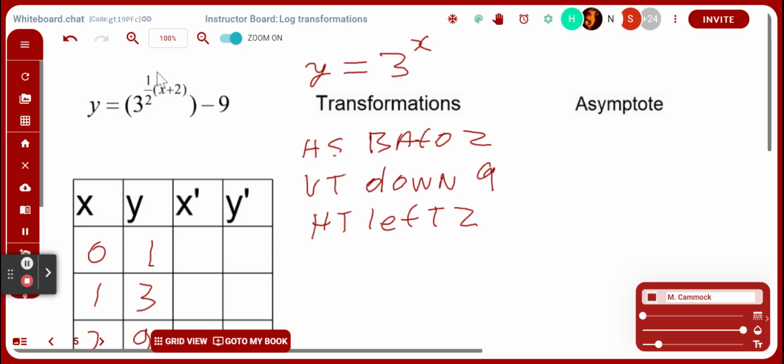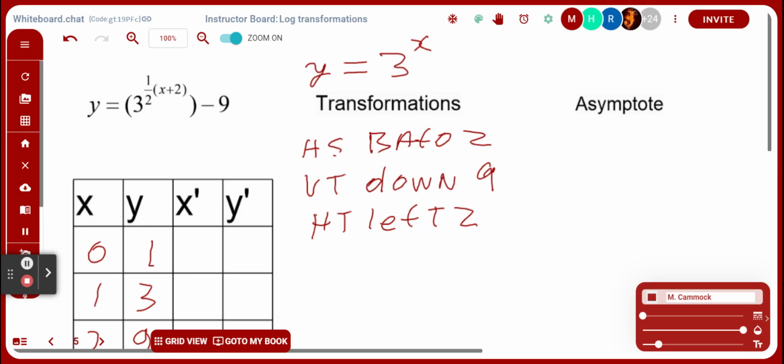Okay, let's get to the asymptote now. Now you're probably wondering, well, the last time it was whatever made the log 0. Well, it's not the same thing this time. The asymptote actually comes from, first of all, I want to make sure we understand this. When you have an exponential function, the asymptote is not vertical anymore. The asymptote is actually now horizontal.